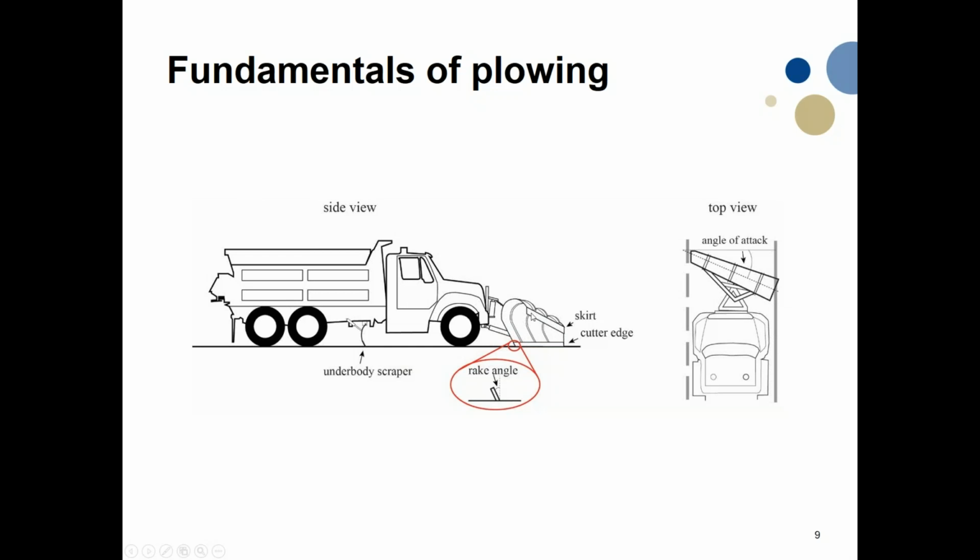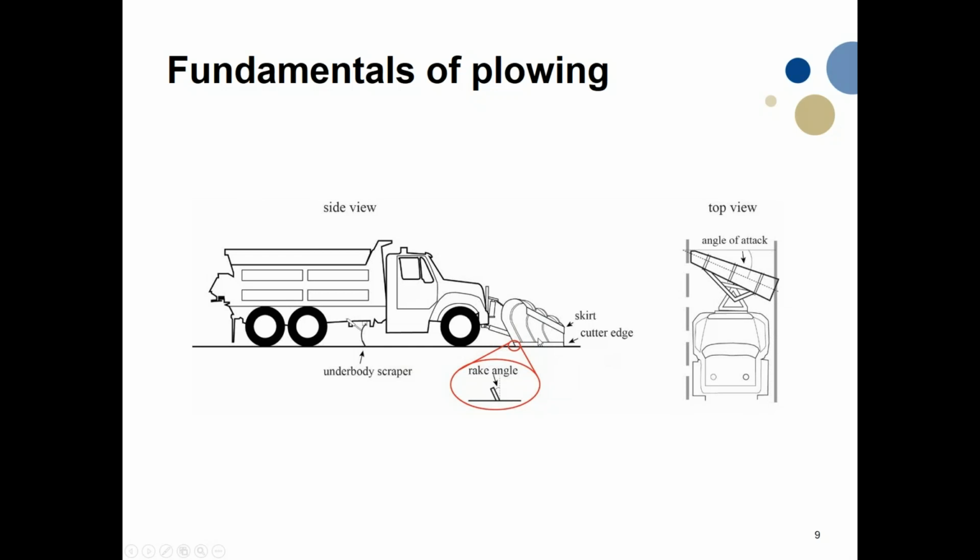The main function is to prevent snow from blowing over the plow and creating visibility problems for the driver. The bottom of the plow, the part which is in contact with the pavement, is called the cutter edge. With the different types of cutter edges, the main function is to pick up the snow and allow it to flow into the mold board.